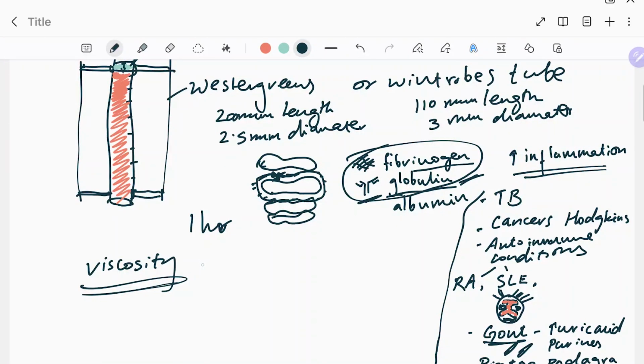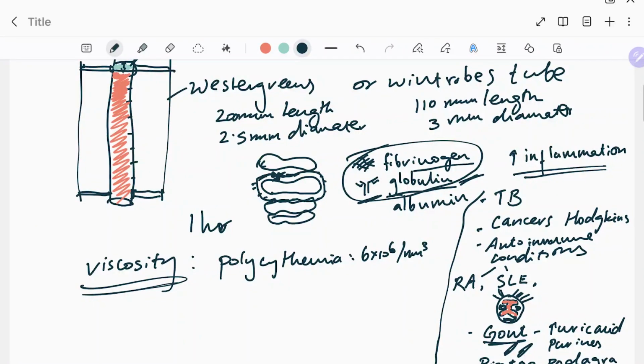The more viscous your blood sample is, viscous meaning thick, so conditions like polycythemia, where you have more than 6 million red cells per millimeter cube of blood, this is going to cause what?